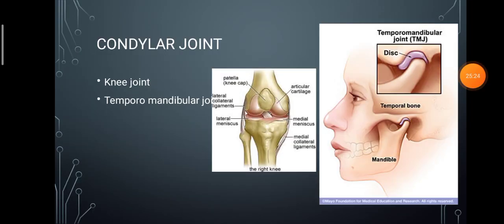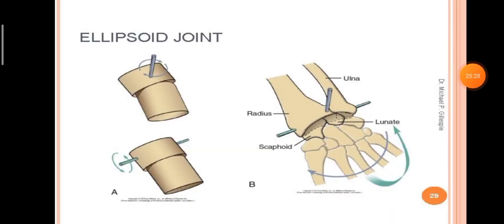So under condylar joint you have examples like knee joint and temporomandibular joint. Regarding ellipsoid joint, flexion and extension take place around a transverse axis, abduction and adduction take place around an anteroposterior axis, circumduction is also possible here.